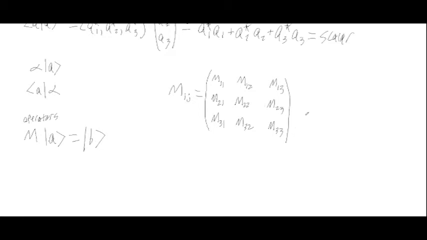But what we have here, like I said, is just a general matrix, and the matrix multiplication with a vector will be done exactly the same way. So I'll use a smaller matrix just to keep things simpler.